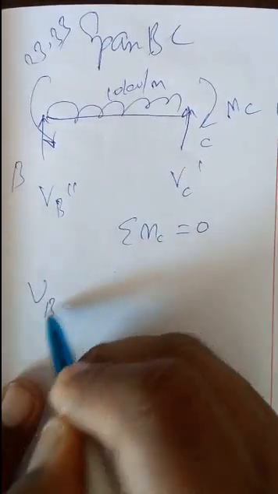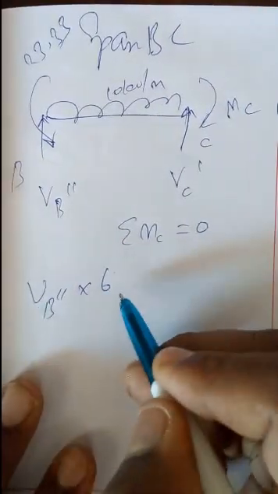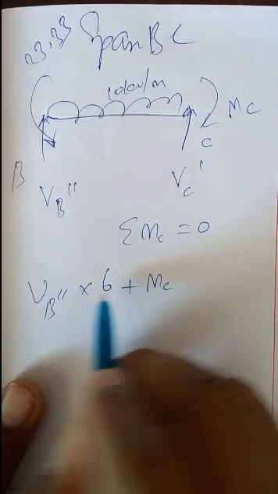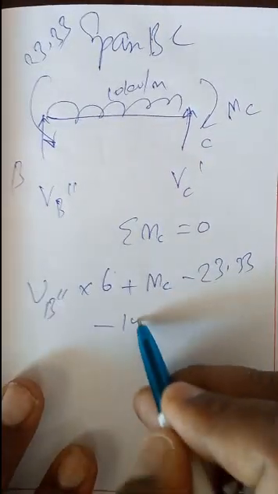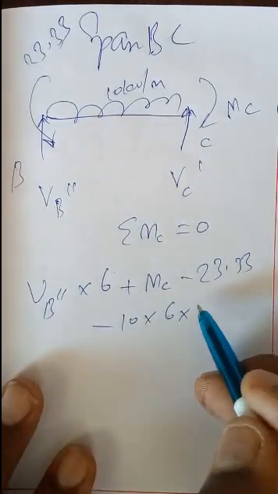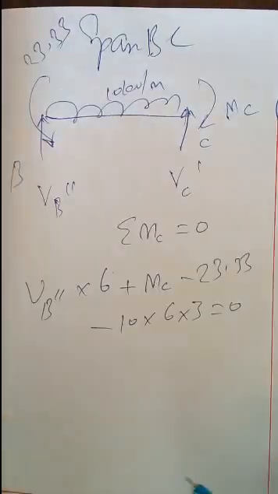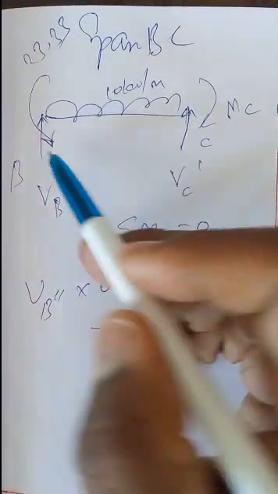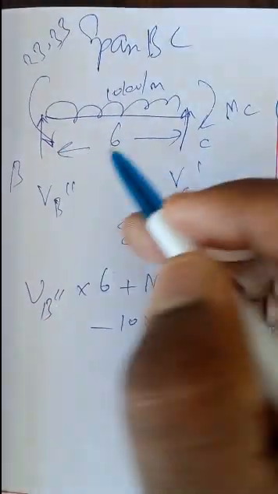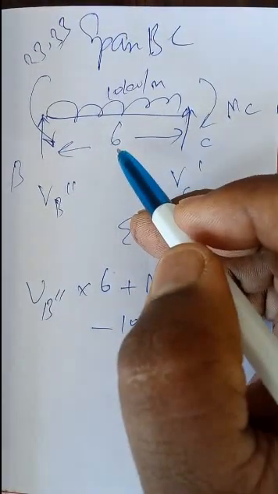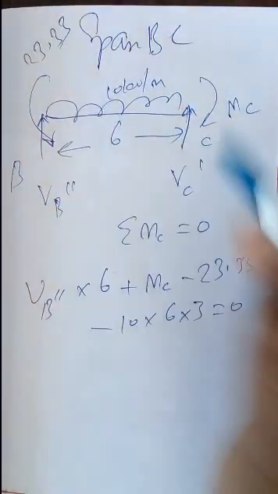So you will have VB double dash into 6 plus MC minus 23.33 minus 10 into 6 into 3 equal to 0. So you can imagine that VB double dash multiplied by the lever arm distance of 6 meter will give you positive moment.